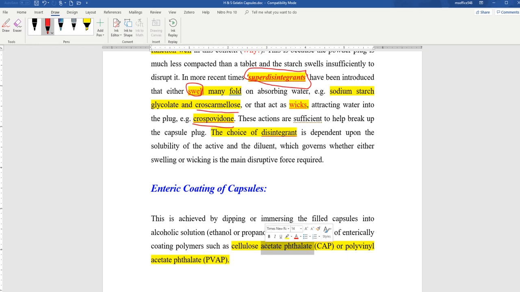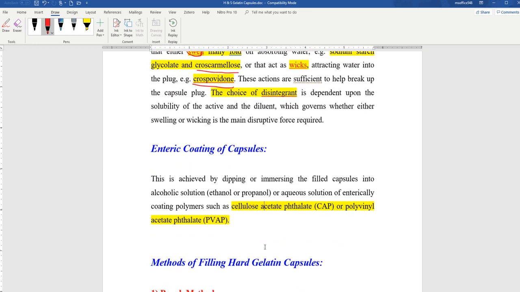When it dissolves, it will expose the capsule shells to the intestinal juices or enzymes, and you will have the disintegration of the capsule shells, releasing the formulation inside.